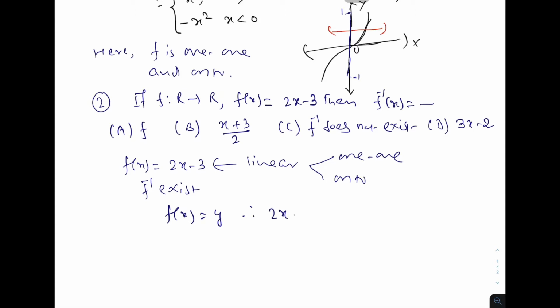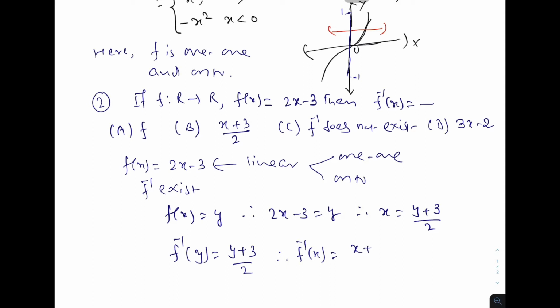So 2x minus 3 is equal to y, and therefore x is equal to (y plus 3) by 2. This is the way you can easily find out the f inverse, and onto also. So f inverse of y is (y plus 3) by 2, and therefore f inverse of x is (x plus 3) by 2. So the answer is here B.